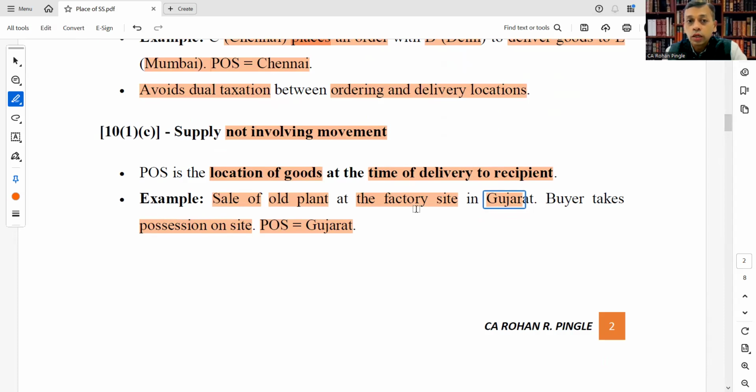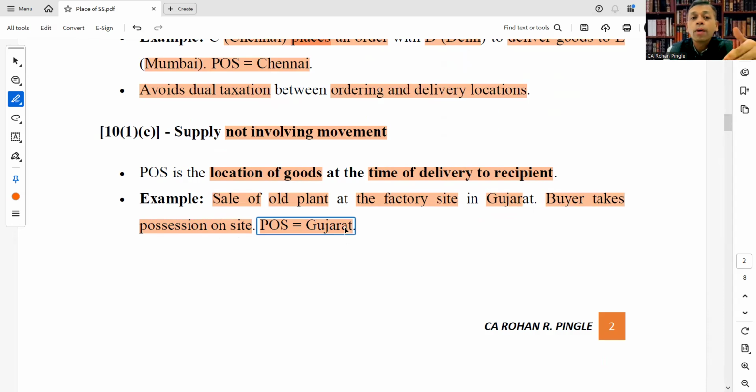In Gujarat only. Place of supply is the location of the goods, that is, the location of the plant at the time of delivery to the recipient. The buyer takes the delivery or possession on site at Gujarat, so place of supply would be Gujarat.